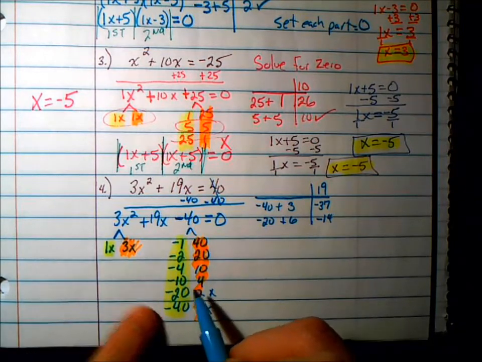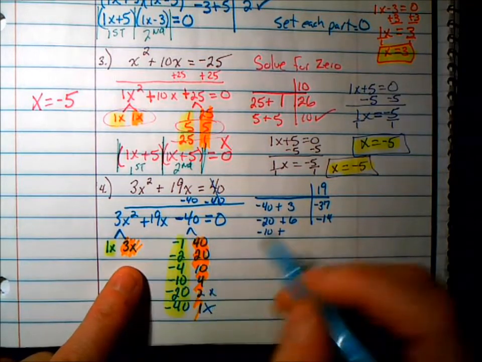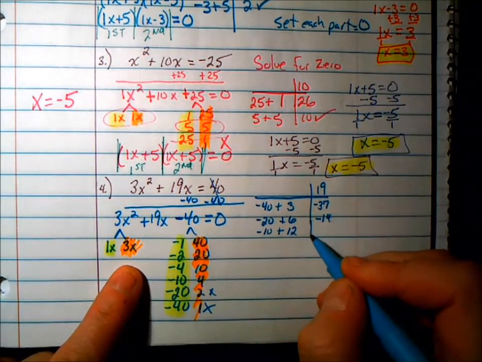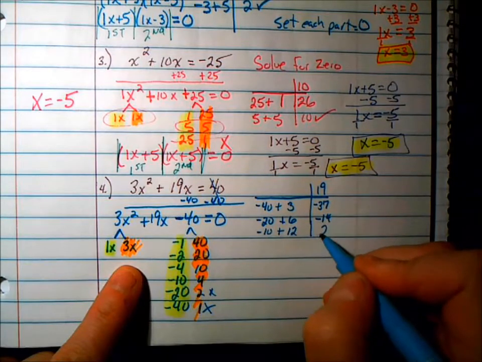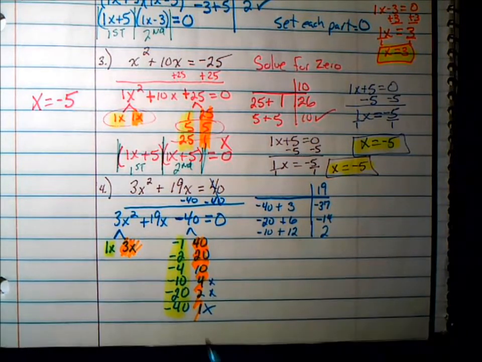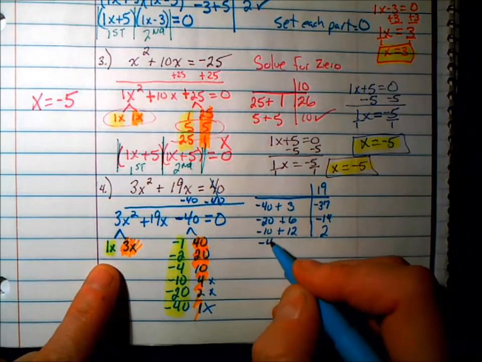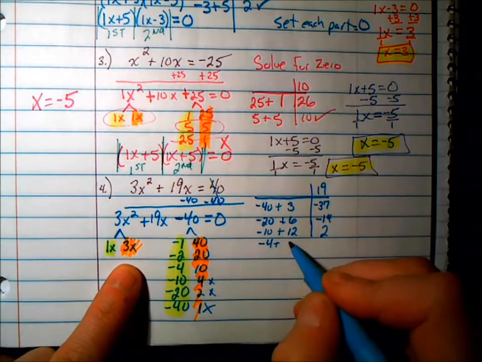If I look at 1 times negative 10 plus 3 times 4 is 12. If I calculate this one, I believe that is 2. And that's not my answer. I do 1 times negative 4 plus 3 times 10 is 30.